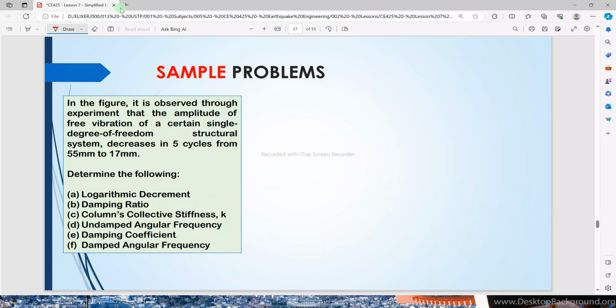I will just take note here that our logarithmic decrement is equal to 0.2348, and we know that the logarithmic decrement is equal to 2 pi psi omega over omega d. If you remember, the damped natural angular frequency is equal to the undamped natural angular frequency times the square root of 1 minus psi squared.